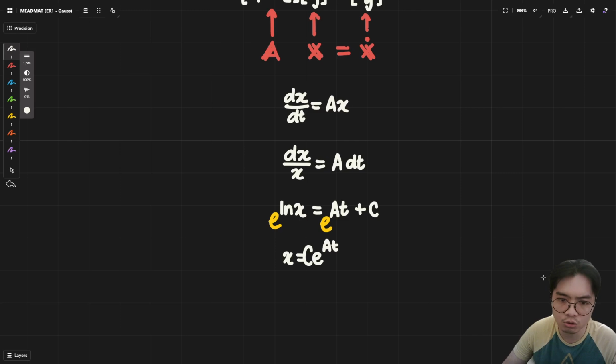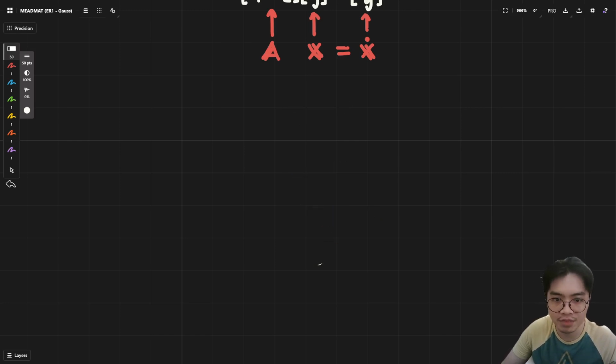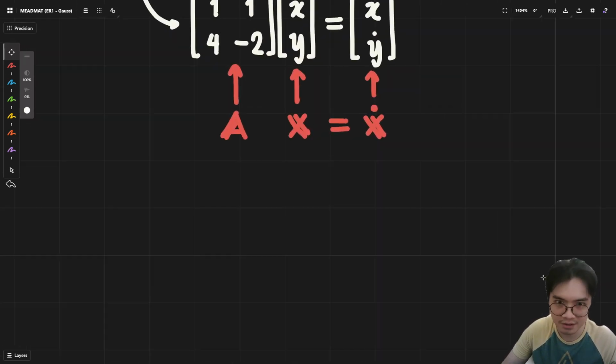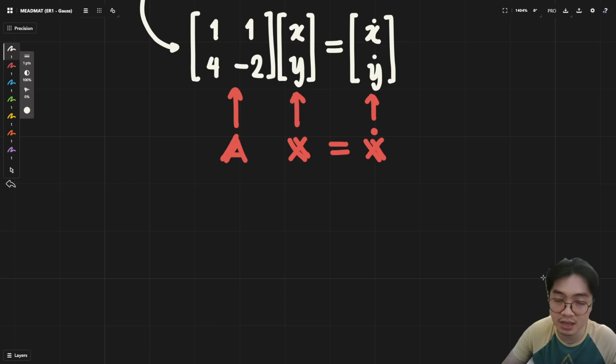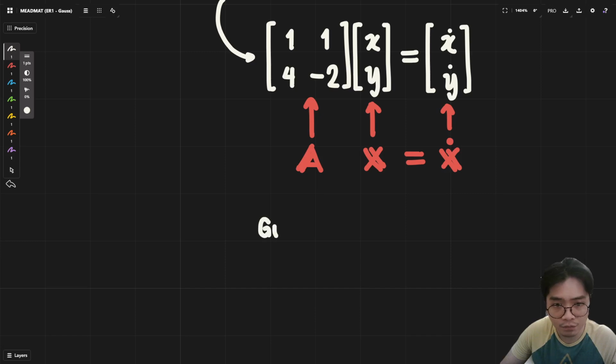So there you go. Now this is our answer: x is equal to c e raised to at. It's very tempting to just put this as the answer, but we have to be very aware that this is not the same thing. We are dealing here with matrices, and of course matrices have their own rules. Let us try as much as possible to get by those rules.